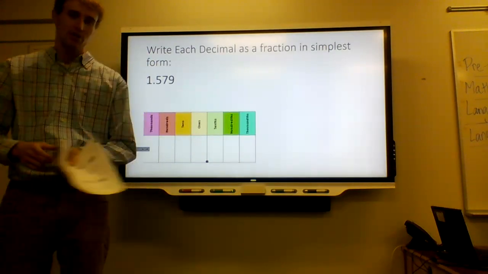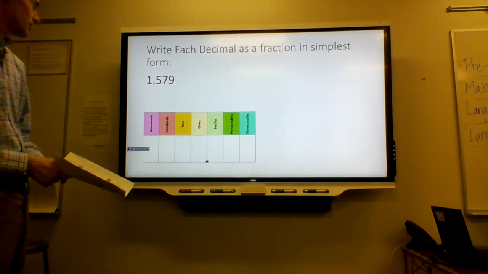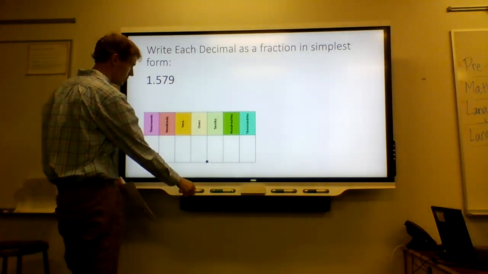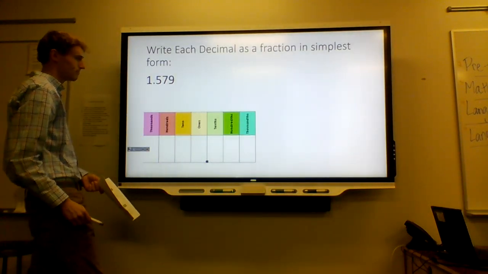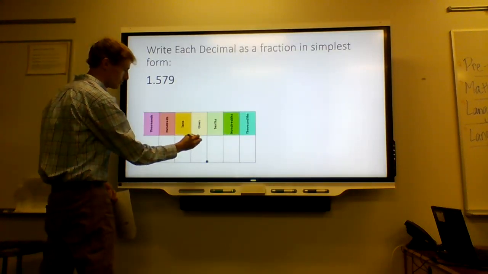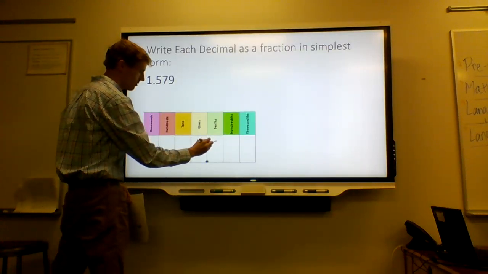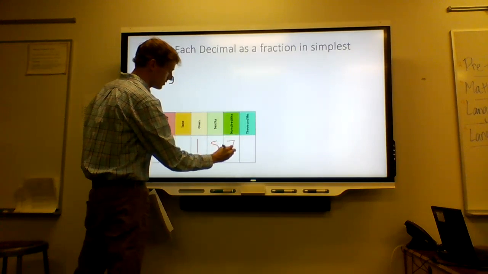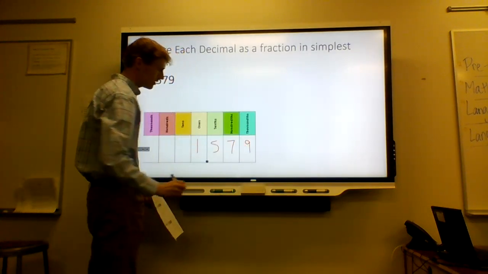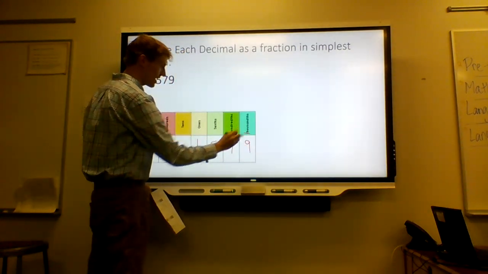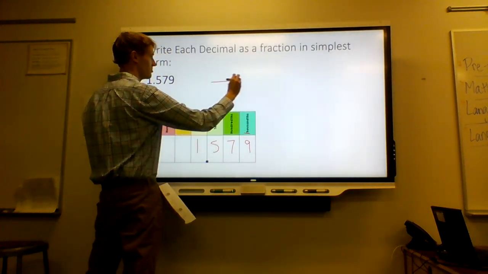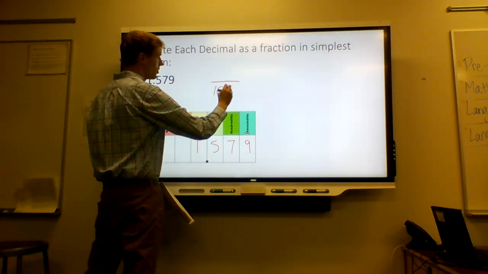So plug that number into your place value chart and convert this decimal into a fraction. All right, so we'll start by plugging it into our place value chart. 1, 5, 7, 9. Ooh, we ended in the thousands frame, so I know our fraction is going to be over 1,000.